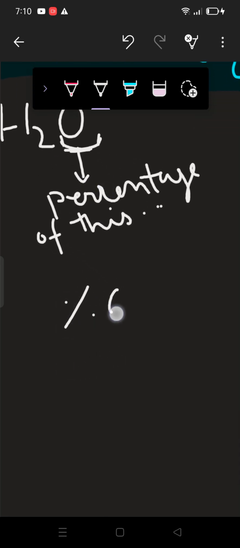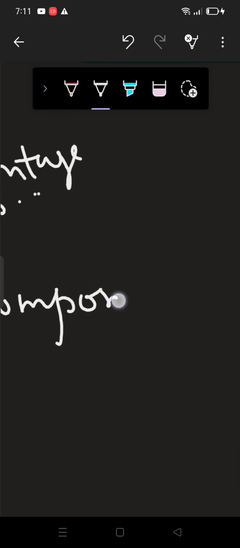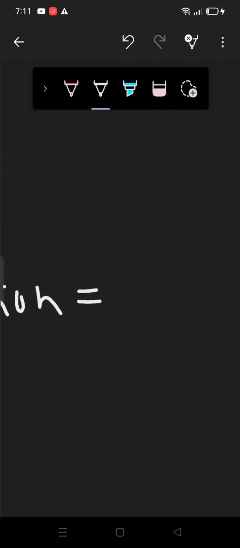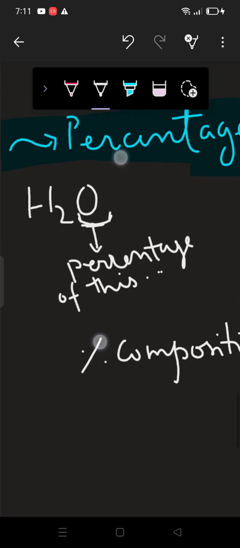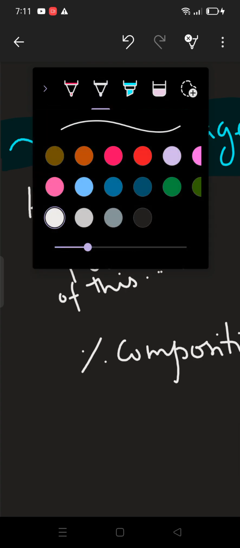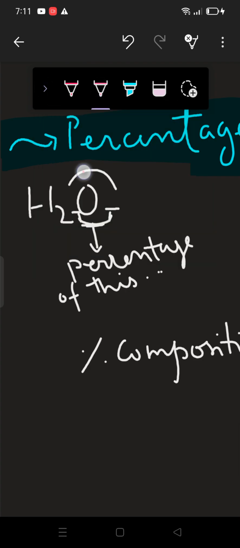So percentage composition is basically equal to the mass of that quantity in the compound. For example, if I am going to calculate the percentage of an element in the water molecule, then I need to take out the mass of that quantity in the compound, right?